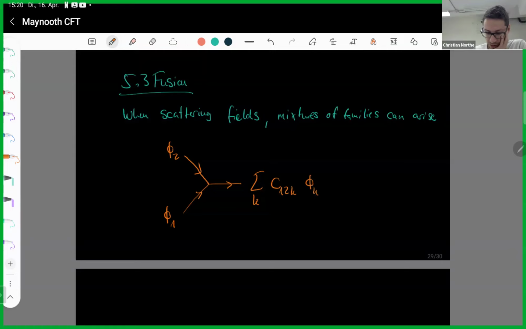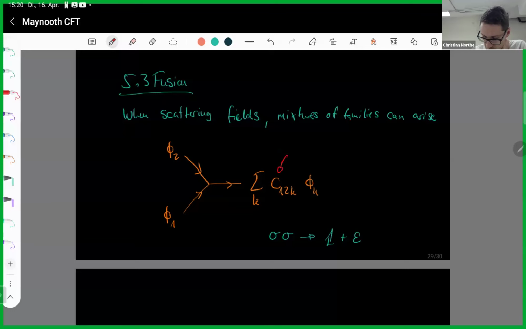For instance, in the Ising model, sigma and sigma would become something like the identity plus the other field, the energy field. And all of their descendants, so the families can be included.